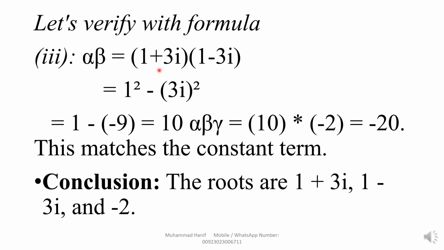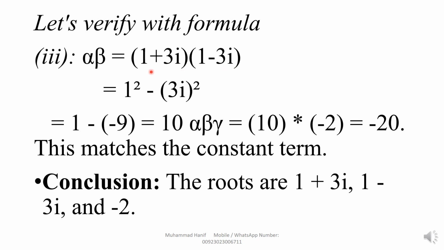Here is a plus sign and here a minus sign, and the values are the same. You must remember the formula: a plus b times a minus b equal to a square minus b square.